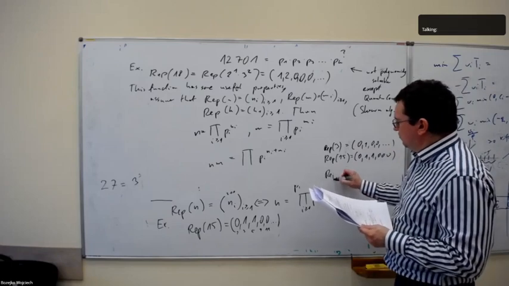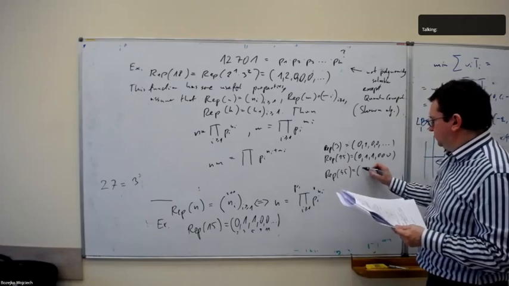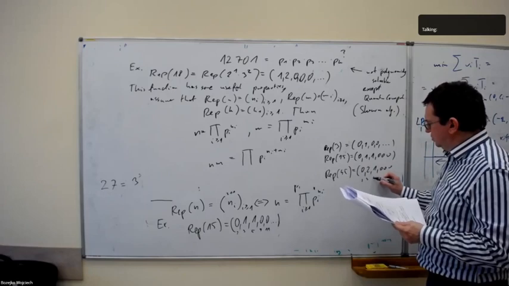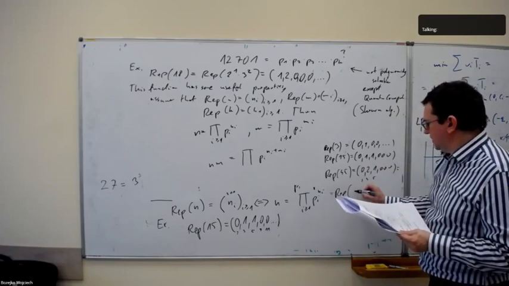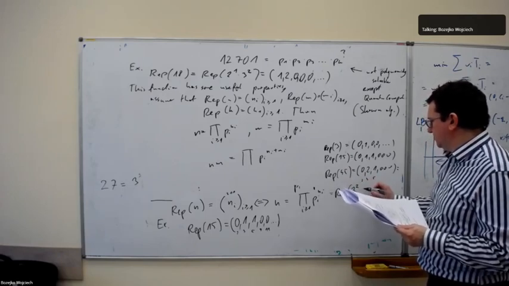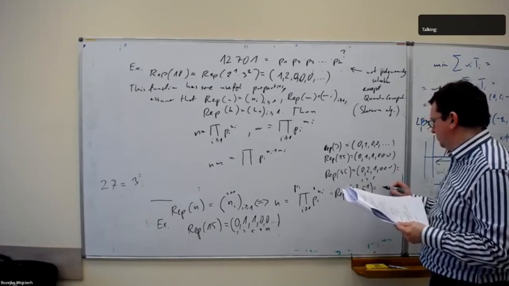So the representation of 45 will be 0, 2, 1. Let us check. This is 2, this is 3, this is 5. So this will be the representation of 3 squared times 5 to the power of 1. And so this is 45.